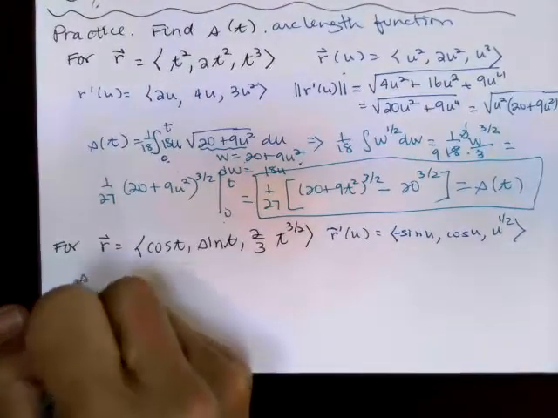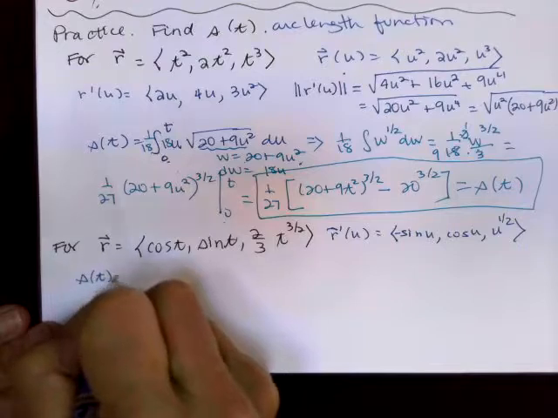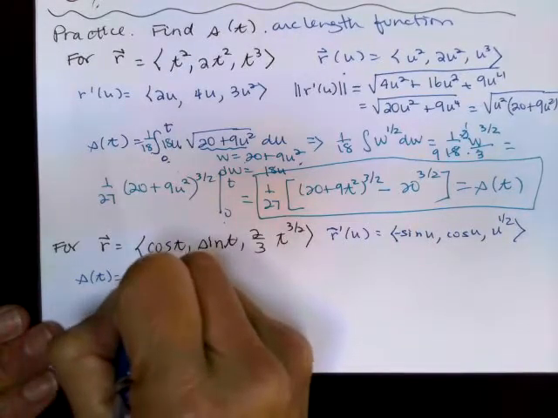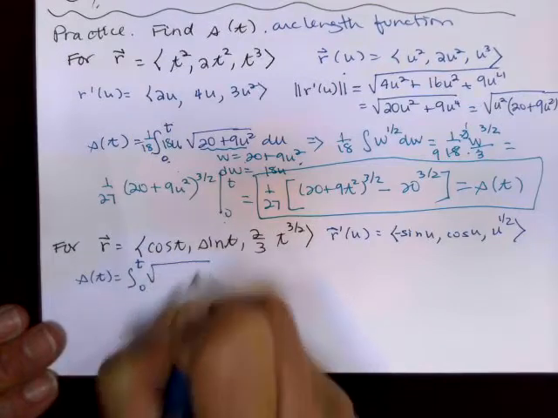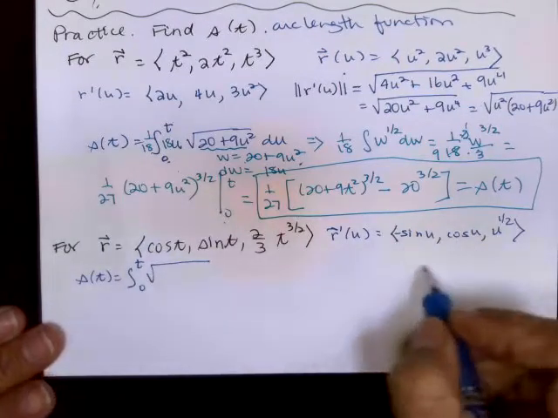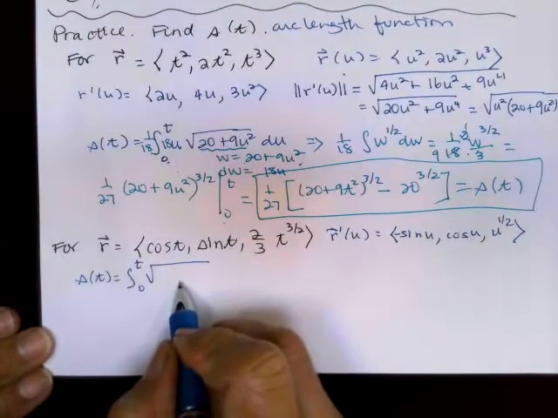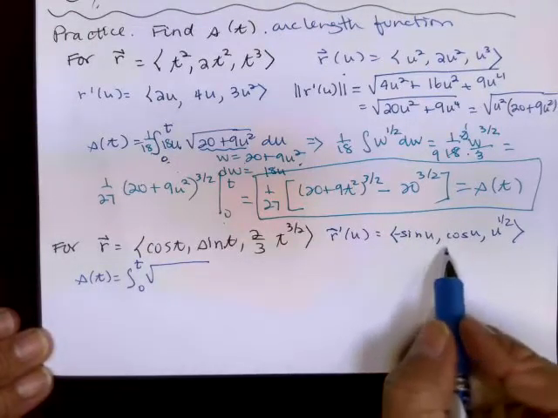So then s of t equals the integral. 0's in the domain, so I'll go ahead and use 0 to t square root. Okay, right? So now we're going to square them, add them, root them. That's our length of r prime of u.